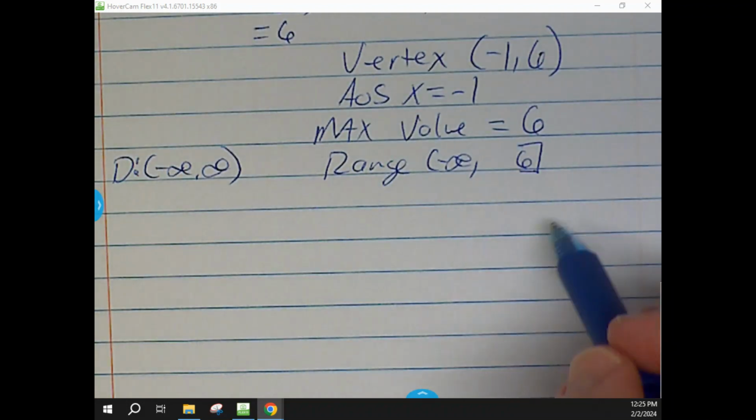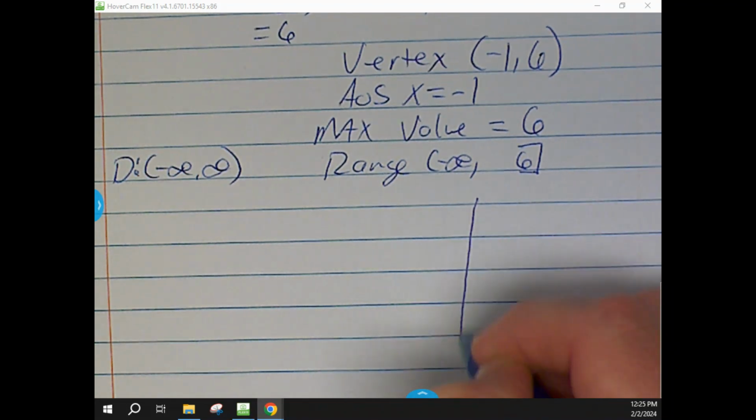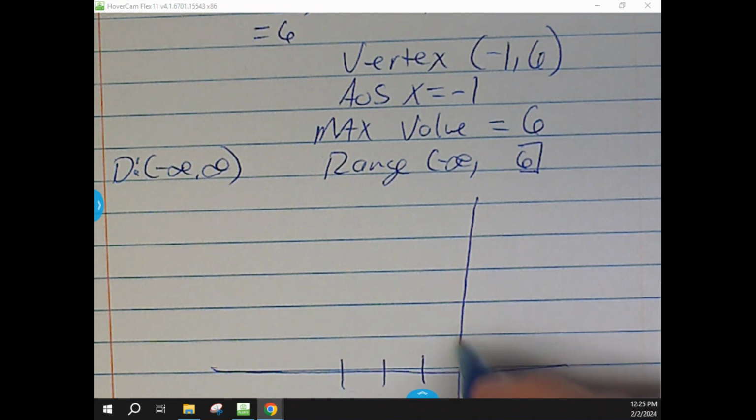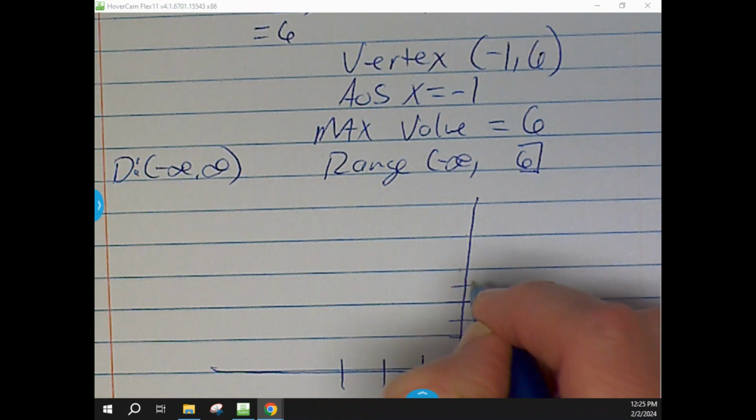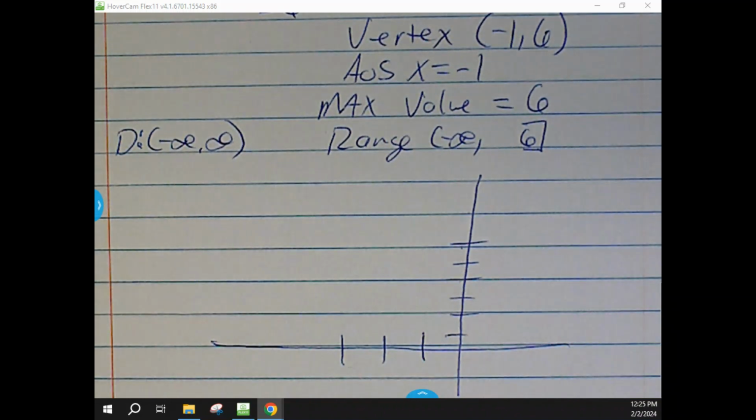So we need to go to negative 1, 6. So 1, 2, 3, 4, 5, 6. All right, so negative 1, 6 will put us there.